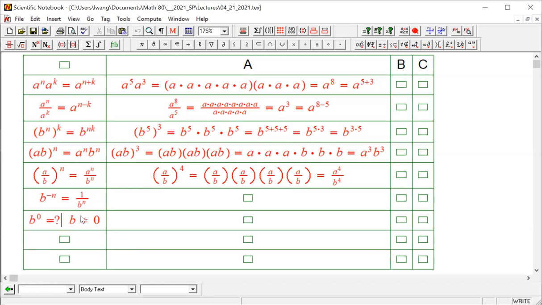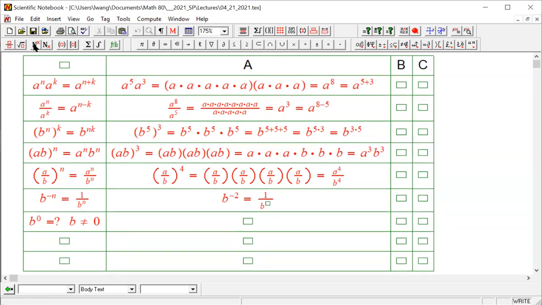So what is the implication? For example, in column A, we have b raised to the power of -2, and by this definition, it should be 1 over b squared. How about b raised to the power of -1?